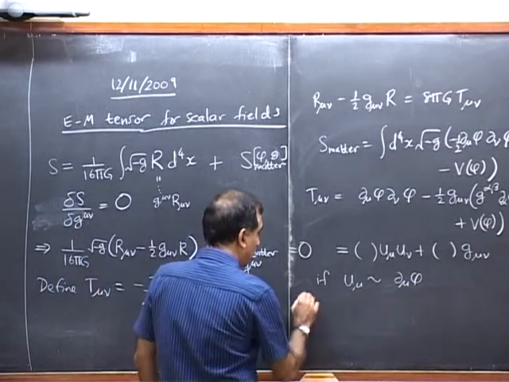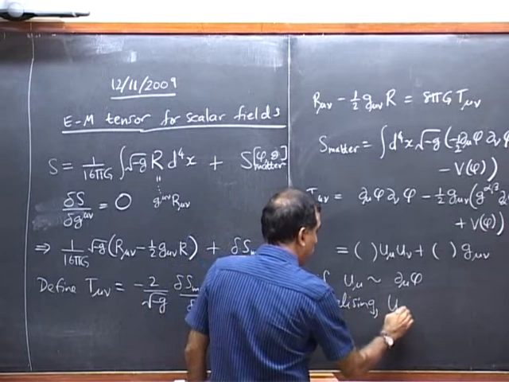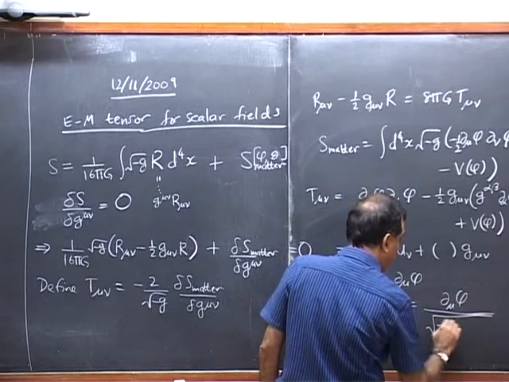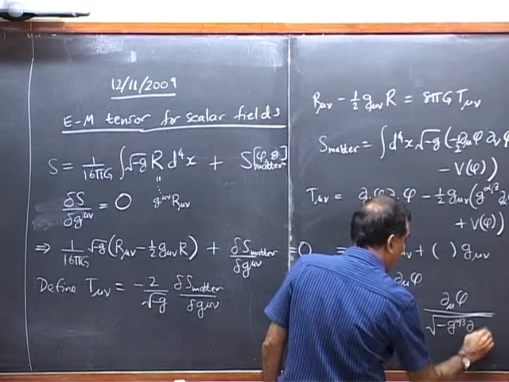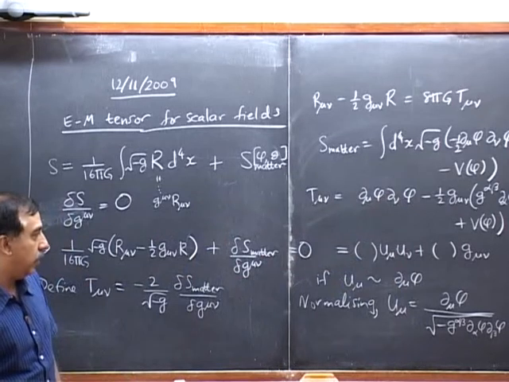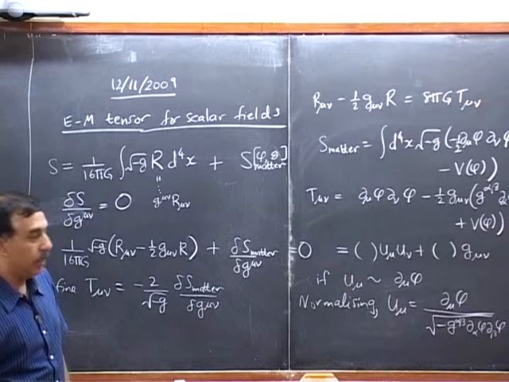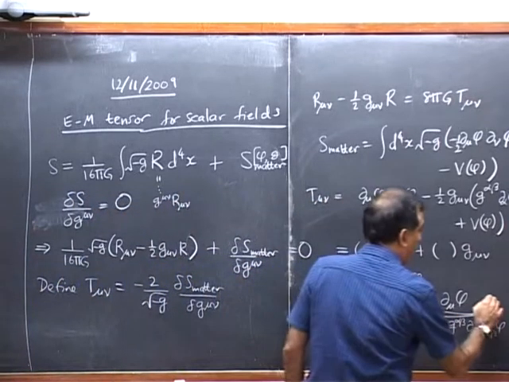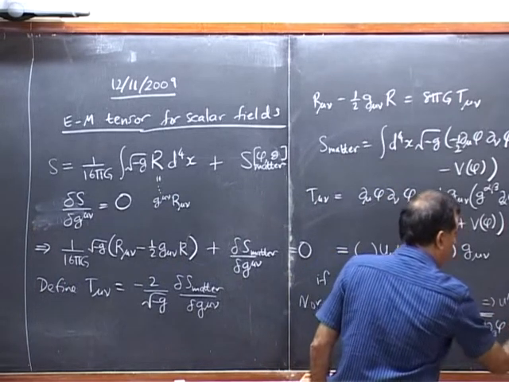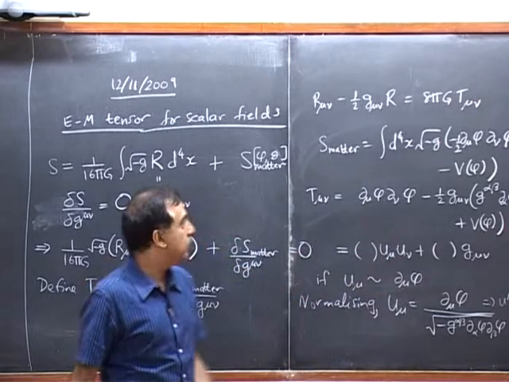So in fact, after normalizing, u mu comes out to be del mu phi upon square root of minus g alpha beta del alpha phi del beta phi. With this normalization, if I take u mu and contract it with another u mu, I'll get minus 1. Only after I have normalized it in this way can I ask what's the coefficient of u mu u nu in this expansion.